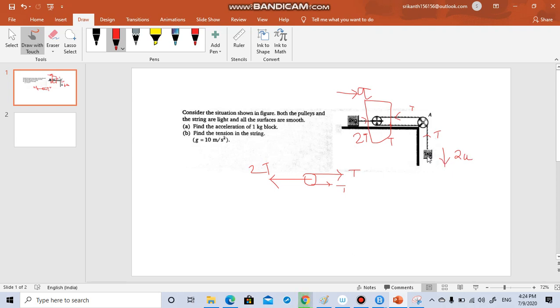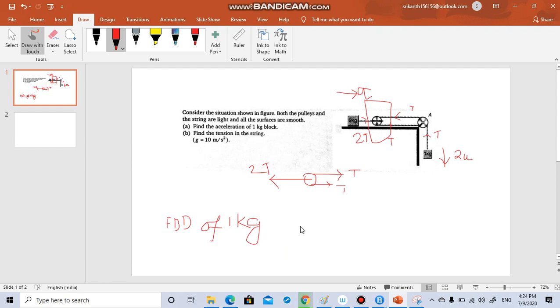Okay, so you can draw the free body diagram of this 1 kg block.